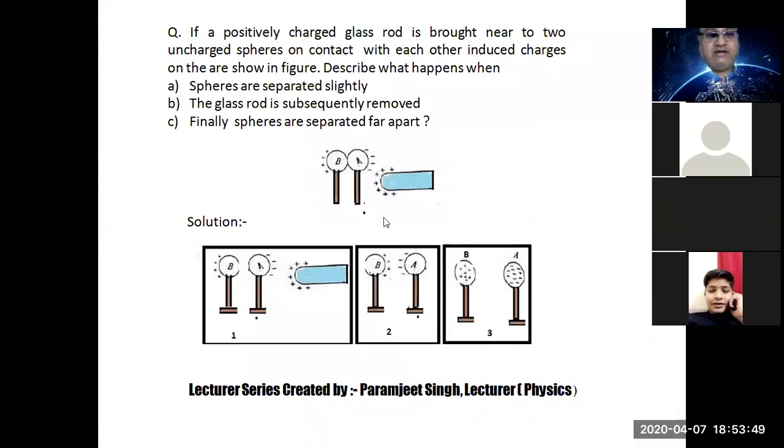So in the third figure, charges are equally distributed over the surface because the surface is of metal. This is the whole concept we have learned, and now we are applying it in the numerical. If you are attentive and alert and your concentration is good, you will run through the syllabus smoothly.